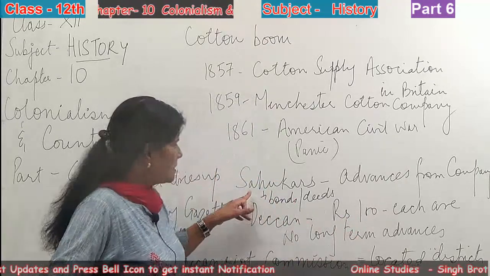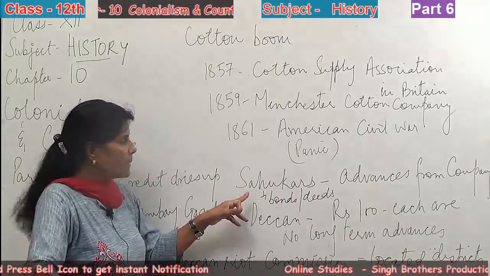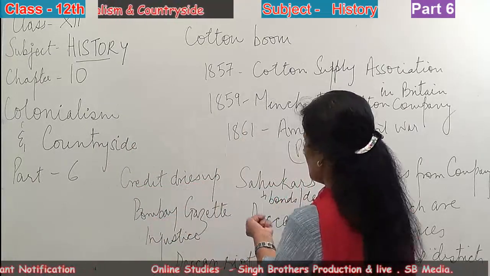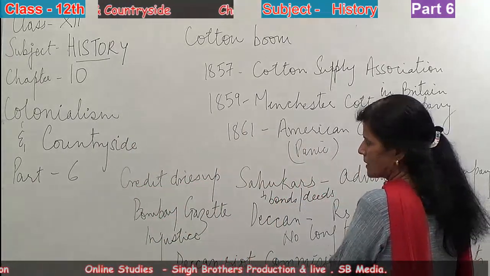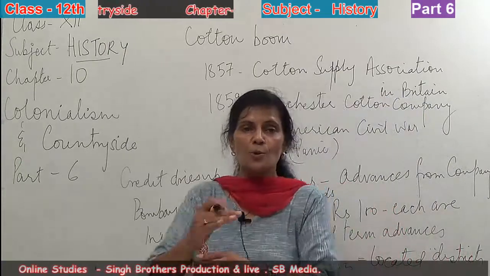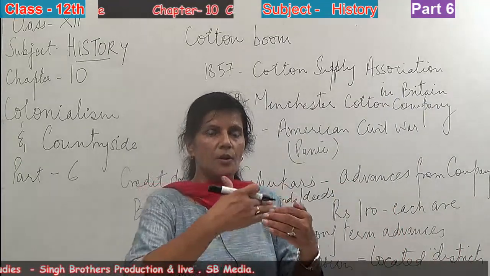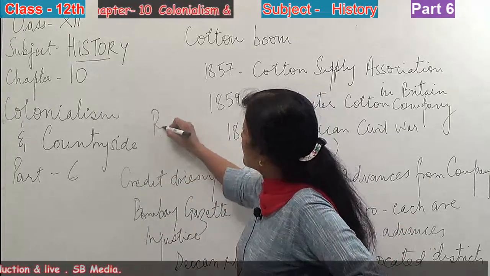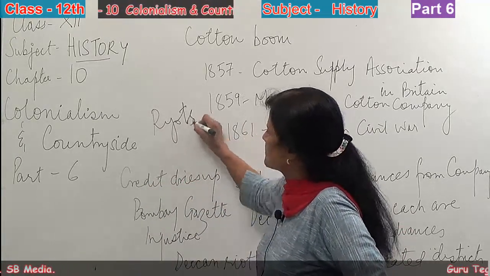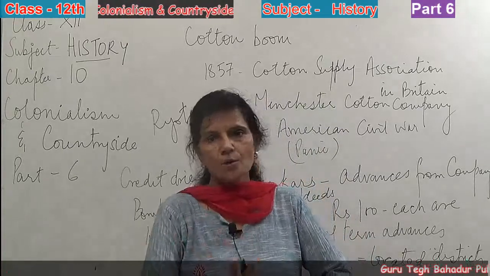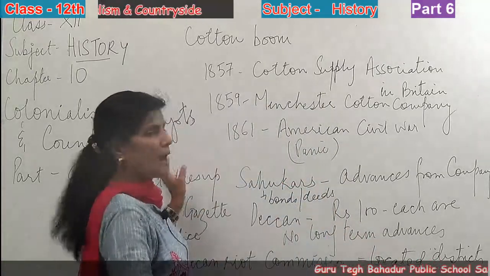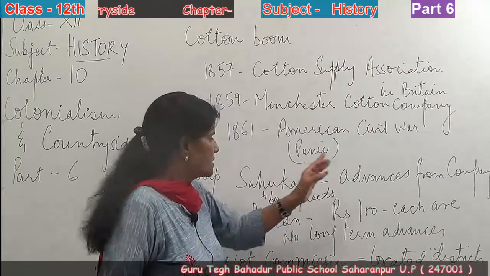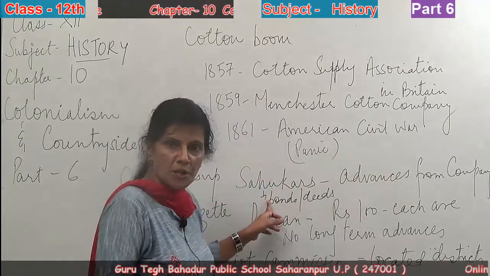So these sahukars became very, very strong in Indian society. They were given advances by the company and then by the government, and then they used to extend this credit further to the ryots. Ryots, I already told you, means peasants. Ryots were asked to grow cotton. They had little money to grow cotton. Sahukars were created. They were given advances by the British.